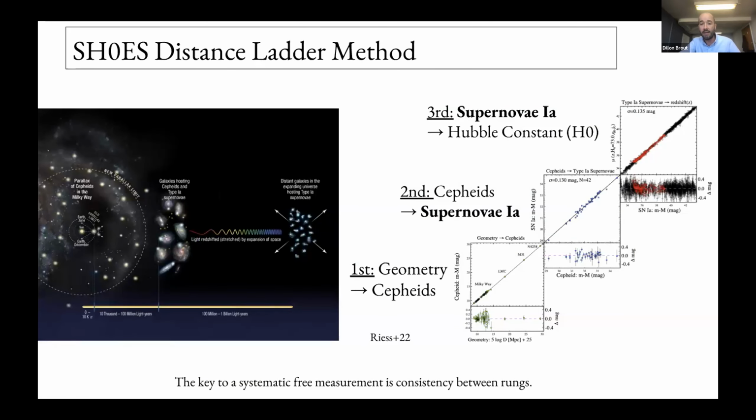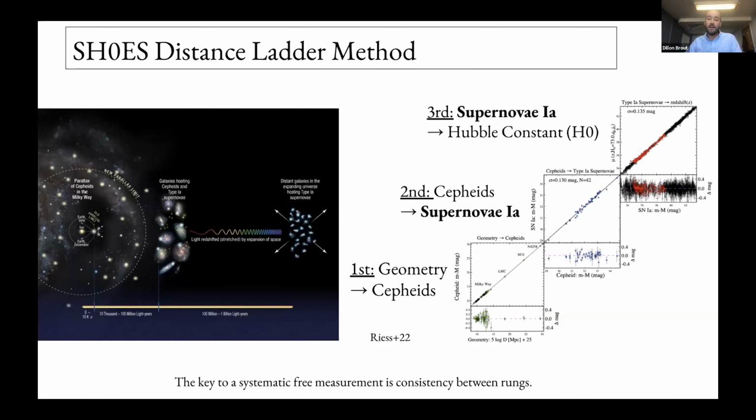So the distance ladder method: in the first rung of the distance ladder, we compute geometric measurements. I'm going to dive into those briefly. In that first rung, we have four main anchors, three of which are outside of the Milky Way: LMC, M31, and NGC 4258.